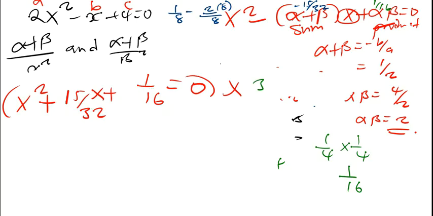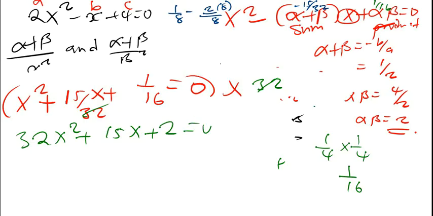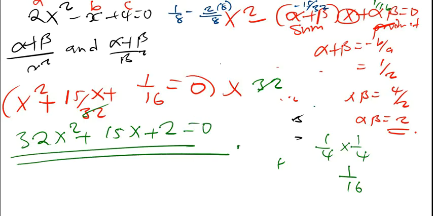I'll do times 32 everywhere. 32 times x squared will be 32 x squared plus 15x plus 2 is equal to 0. That's the equation. Any question on how to find the equation?